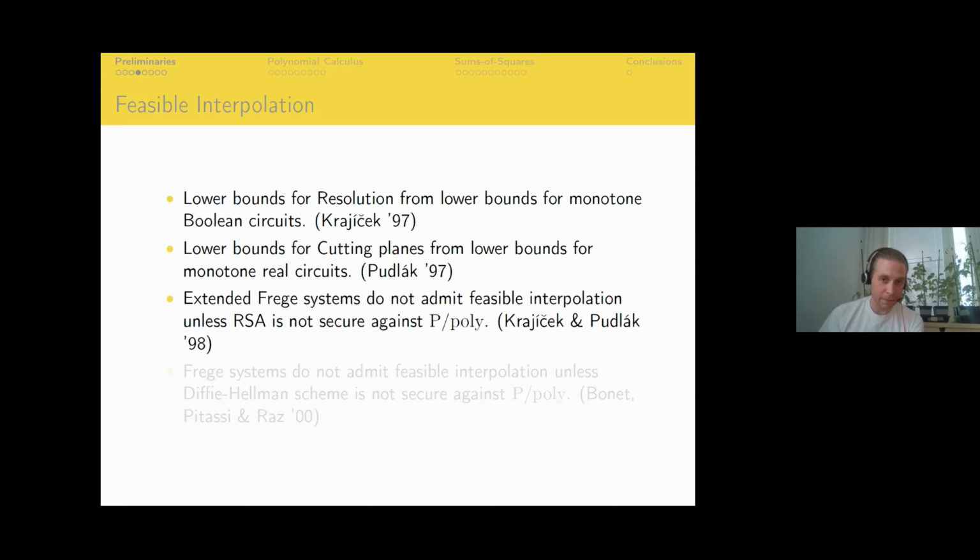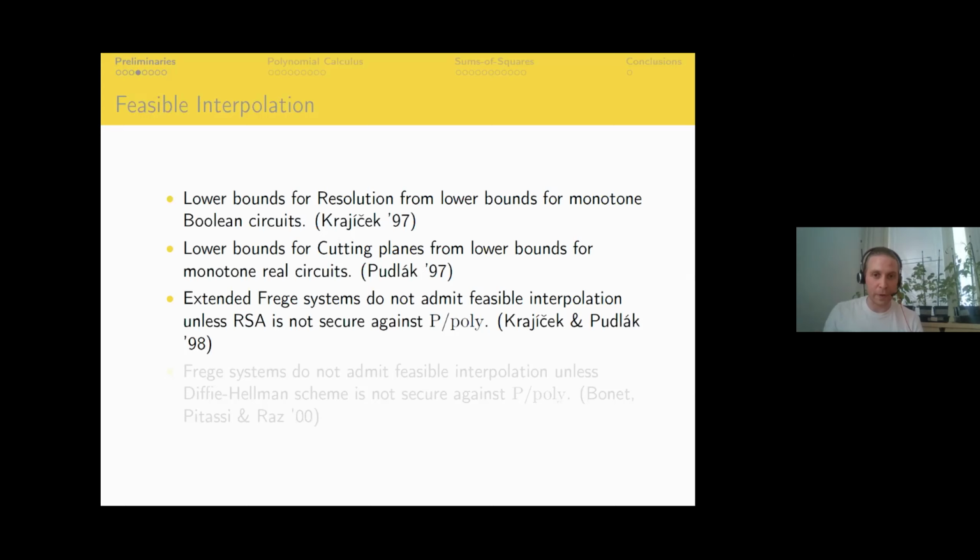Here basically the proof works by showing that extended Frege is strong enough to carry out the necessary arithmetic and prove the correctness of the RSA algorithm within the proof system, and then prove a statement of the form that the original message has either 0 or 1 as the first bit.